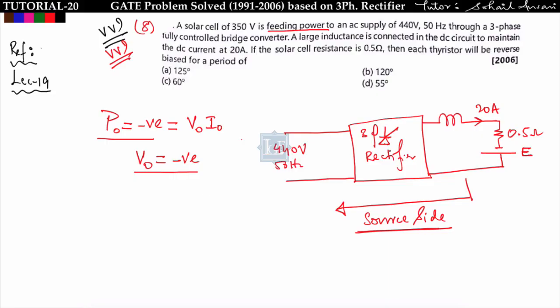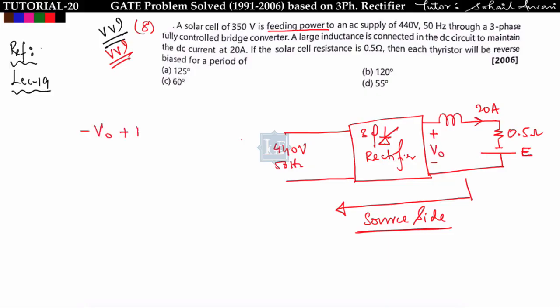Now what will be the output voltage? Apply KVL here: minus V0 plus I naught R minus E is equal to 0. So V naught equals I naught R minus E. I naught is 20, R is 0.5, so it will be 10 minus E, which is given as 350 volt.